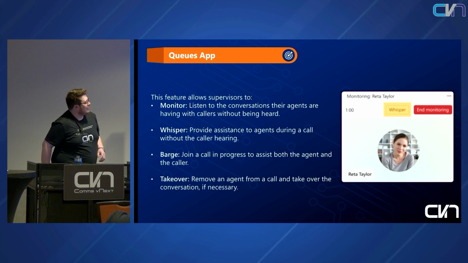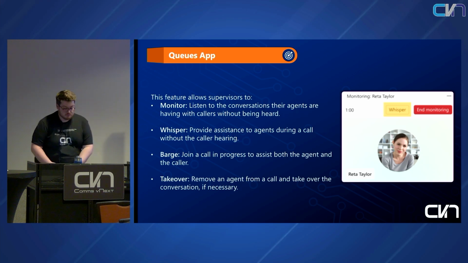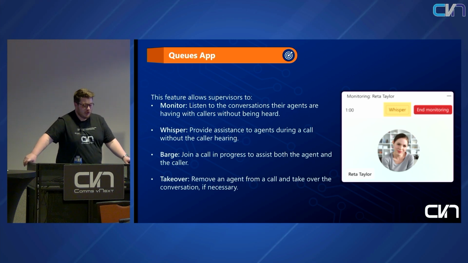Next, within the Queues app, there's one feature we've been waiting for a while, that plugs a gap that's been missing: the ability for whisper, barge, and takeover in a call queue. To use this functionality, you do have to have the Queues app.